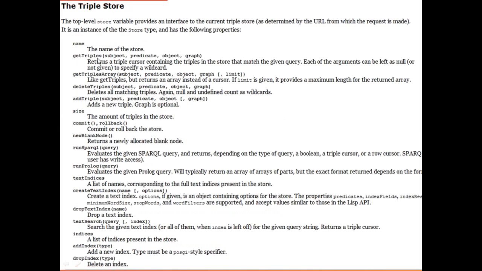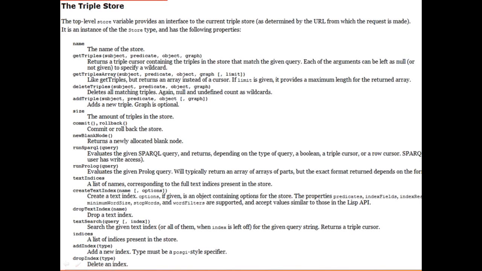Let me just take you to a few of them. This is get triples, where you can fill in subject, predicate, object, and graph, or say null if you don't want to specify them. You can get your results back as an array. You can delete triples. You can do a commit and a rollback. So if you use a stored procedure, then just like in a normal relational database, you can do all kinds of manipulations, and then at some point you can do a rollback or a commit.